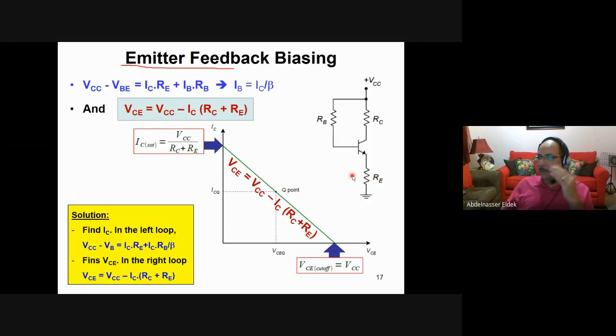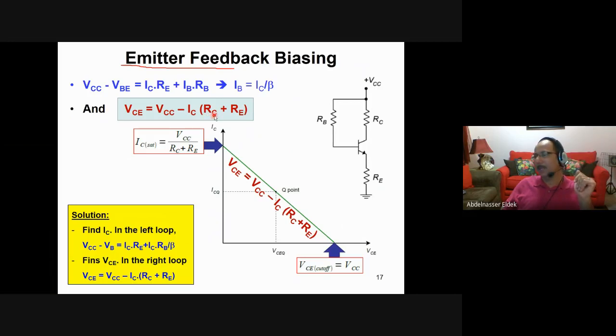So let us follow the same steps. First, we need to find VCE to plot the load line. Then VCE equal VCC minus the voltage here, minus the voltage here. The voltage equal IC times RC plus RE. Then VCE equal VCC minus IC times RC plus RE.